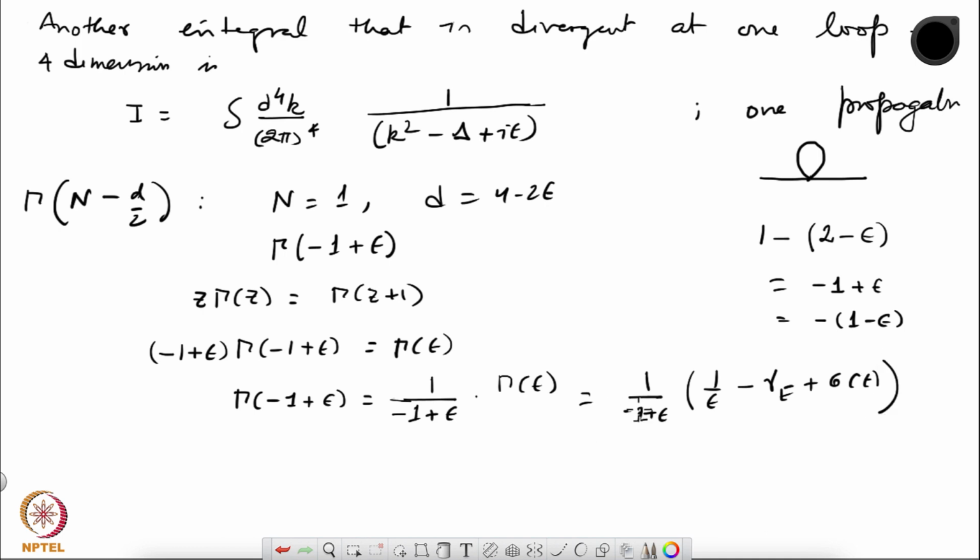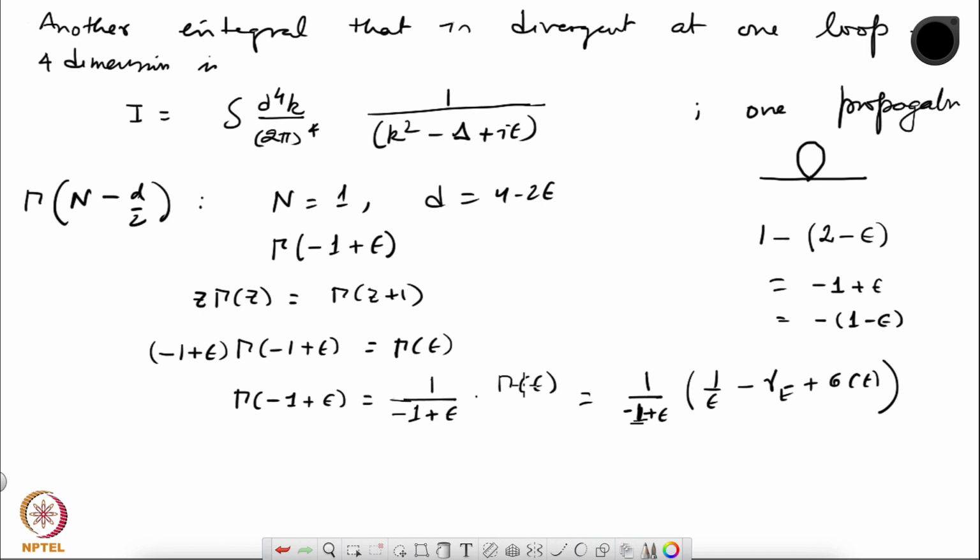Now this denominator will start with minus 1, and then it will have order epsilon terms. So expanding 1 over minus 1 plus epsilon doesn't change the order of the pole. When you multiply with 1 over epsilon, it gives you 1 over epsilon.